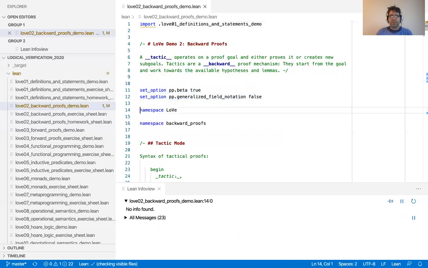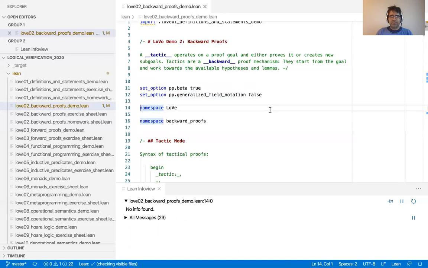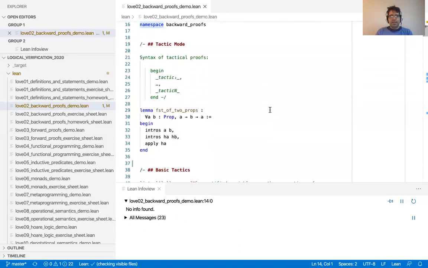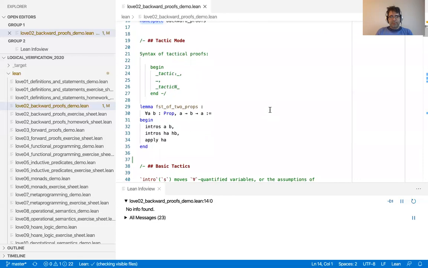So in the file, we have the usual boilerplate at the beginning that we don't understand or care about. And I'm going to start explaining what is the tactic mode, and especially what are the basic tactics, because tactic mode with no tactics doesn't bring us very far. So tactic mode is, previously here we would have entered a sorry like this.